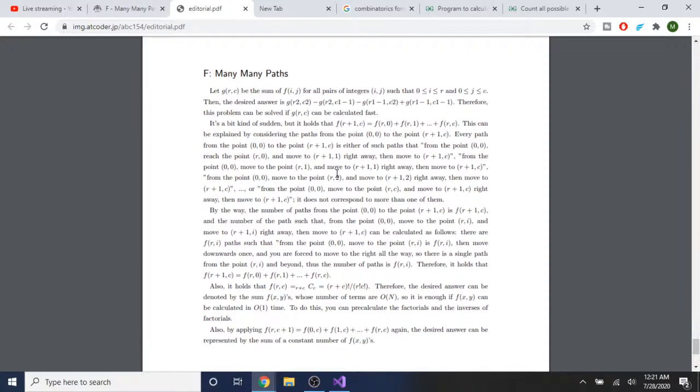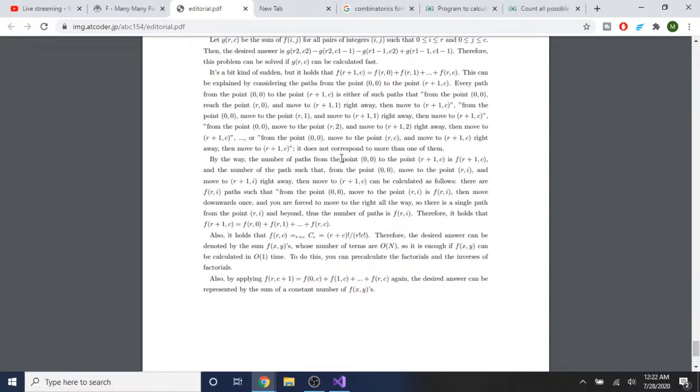g of R, C. Can we hold the f of R plus 1? Okay. Yes, I guess this is right. Every such path from 0, 0 takes moves.